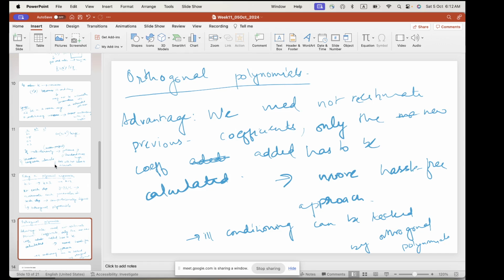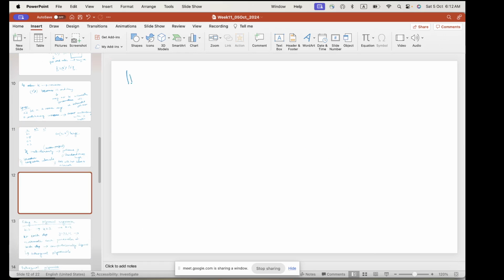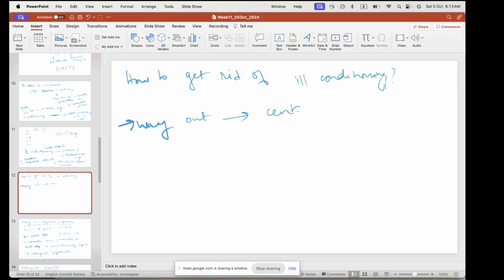Oh, I forgot to mention, how do we get rid of ill conditioning? So the way out is centering the data.